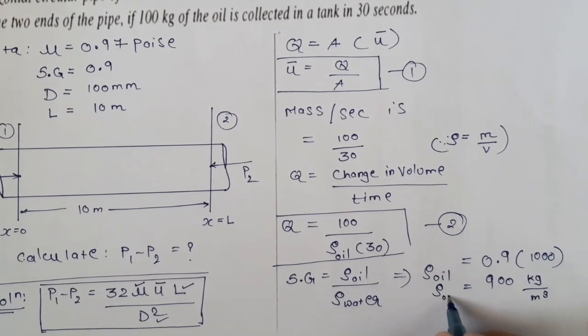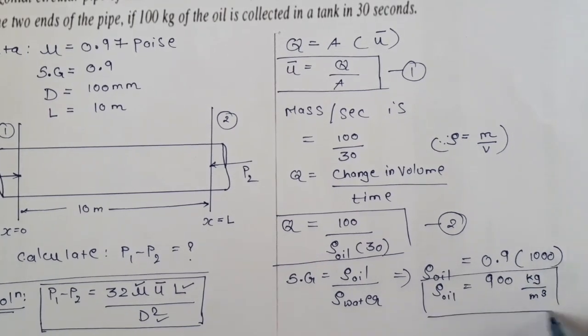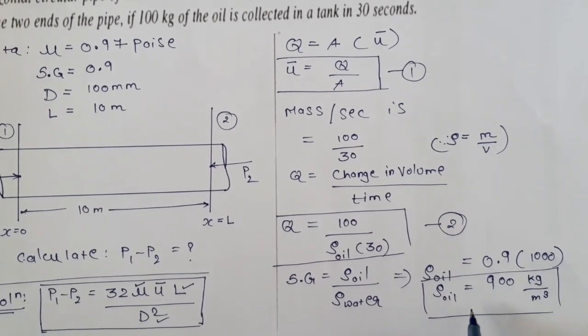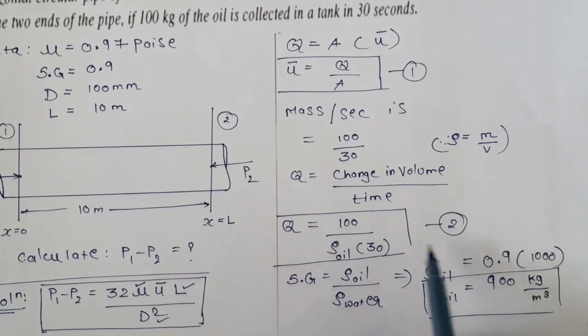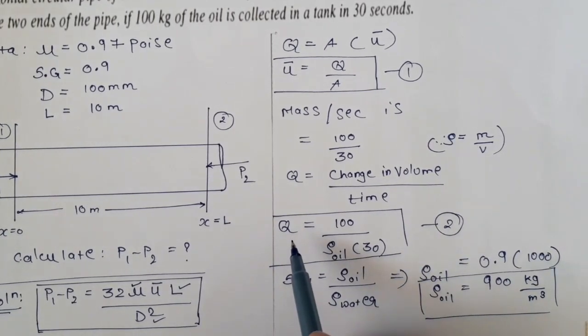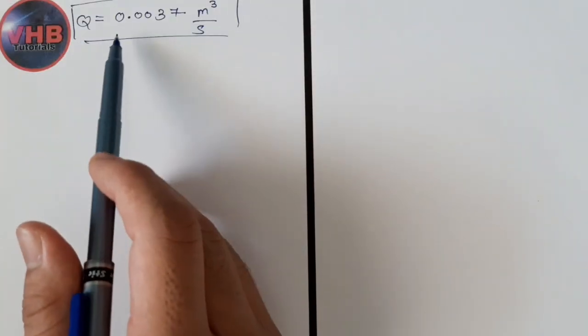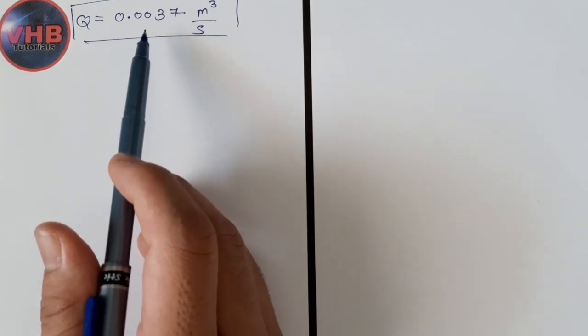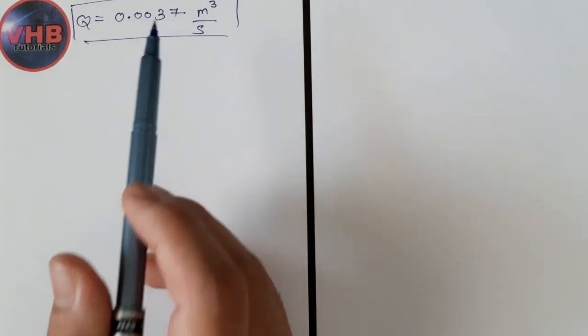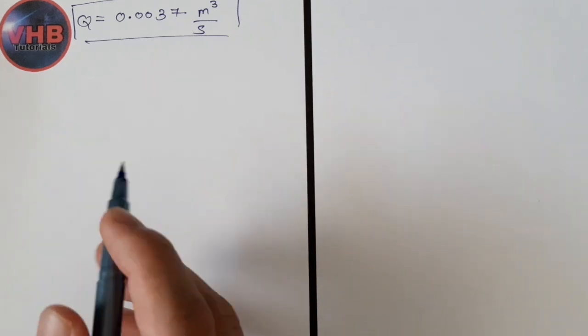So we get the density of oil. So write the density of oil in equation number 2, we will get the answer for Q. When you calculate in the calculator, Q is equals to 100 upon 900 into 30, we will get Q equals to 0.0037 meter cube per second. So we got the discharge Q.